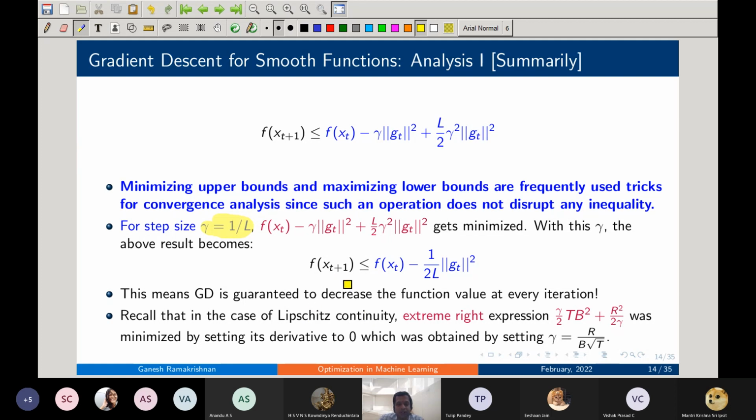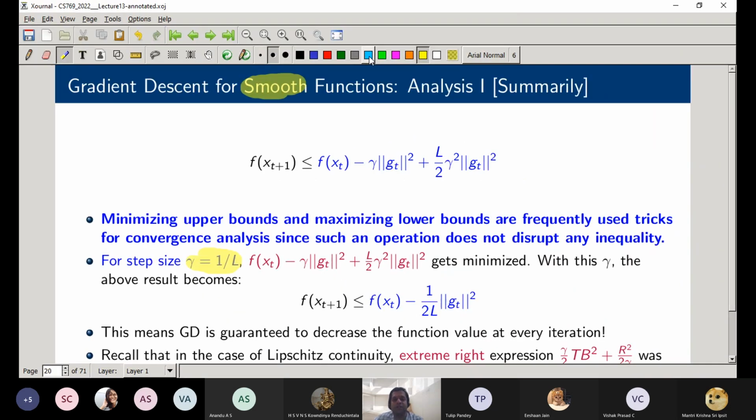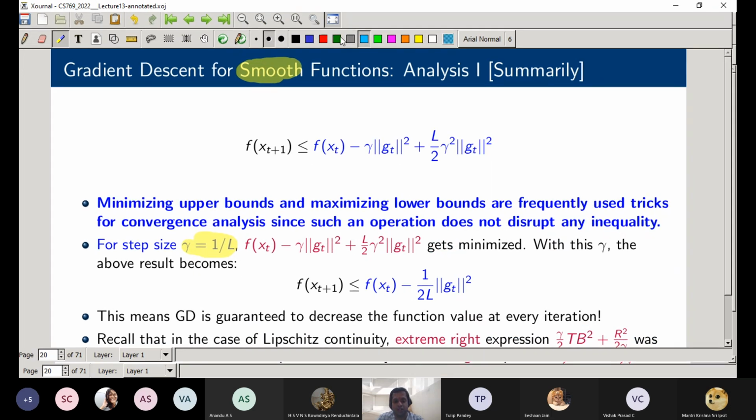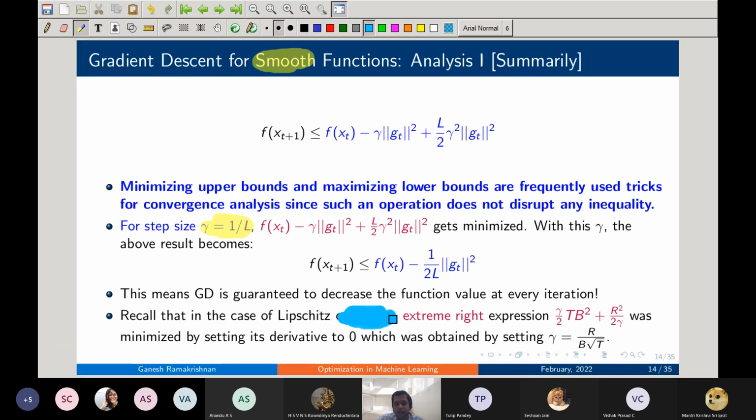Let's contrast this with Lipschitz continuity, where the worst case we got was gamma equals R by B into square root T. But again, this is not the only value. This is a worst case value.